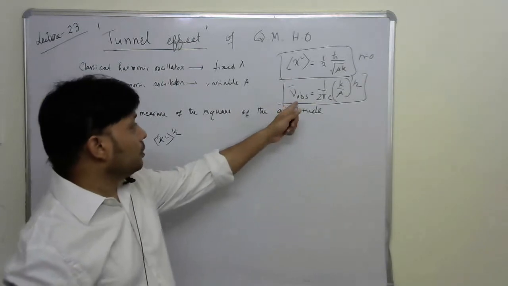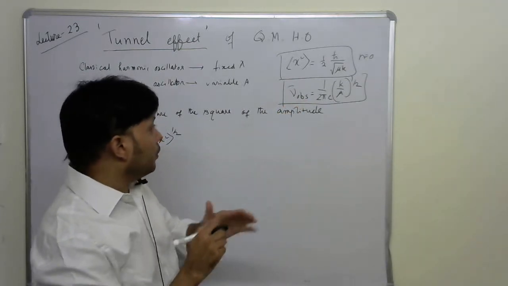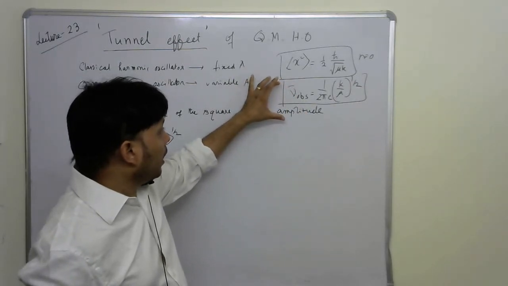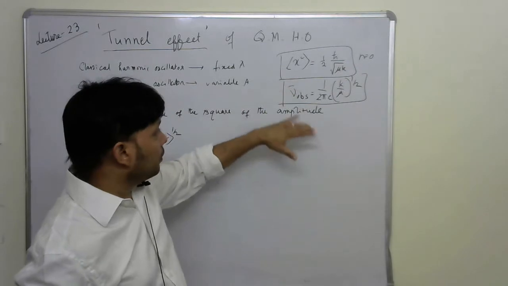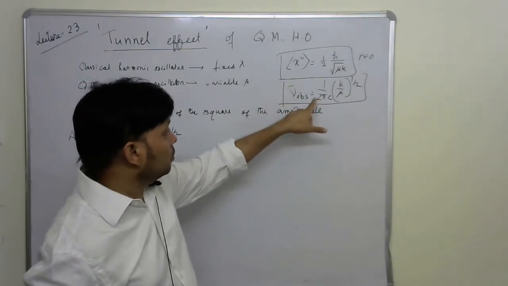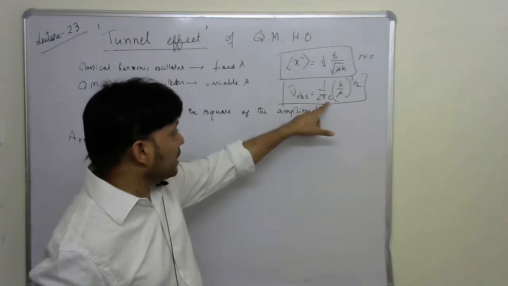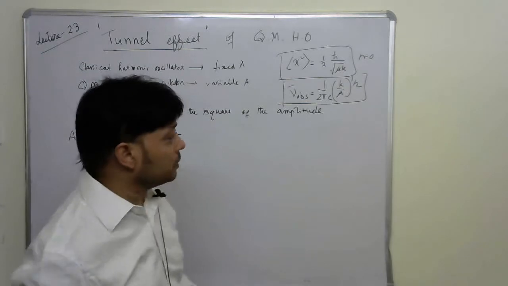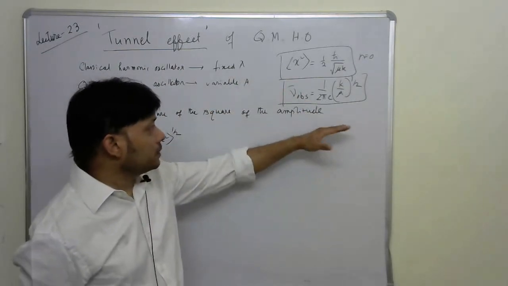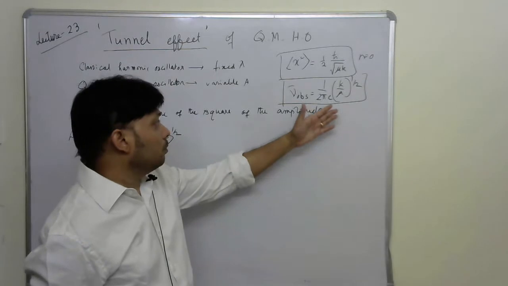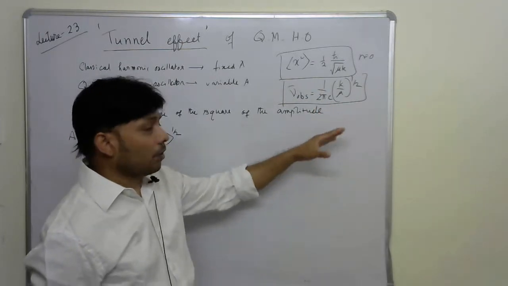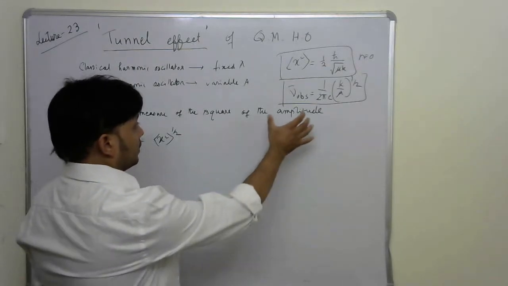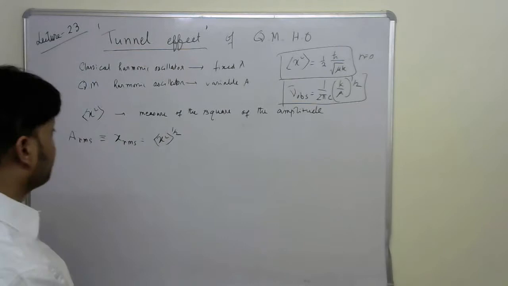Nu bar is in centimeter inverse, so the calculated frequency of an IR signal in centimeter inverse can be given by 1 divided by 2 pi c, where c is the speed of light, multiplied by root over k by mu. k is the force constant, mu is the reduced mass. You must have seen this formula before, or if not, you are going to study it in infrared or vibrational spectroscopy. That's how we can theoretically predict the frequency of a certain vibration.